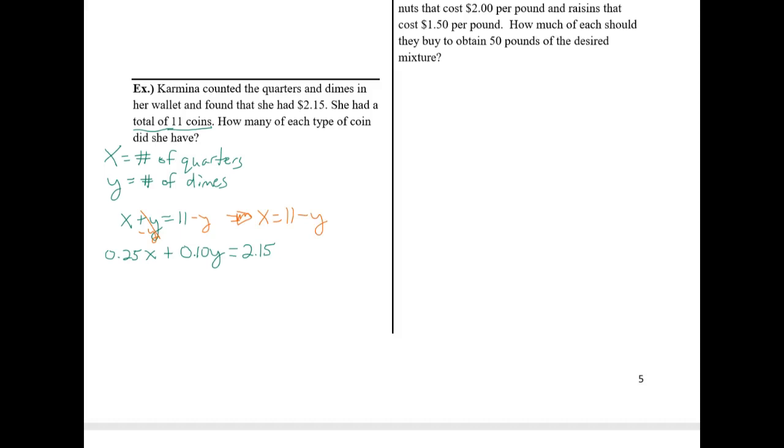And now that I know what x equals, I can substitute that into the other equation. I'm going to replace x with 11 minus y. Substitute that in. Everything else is going to stay the same.